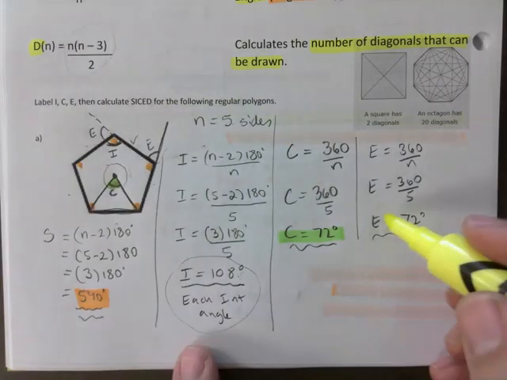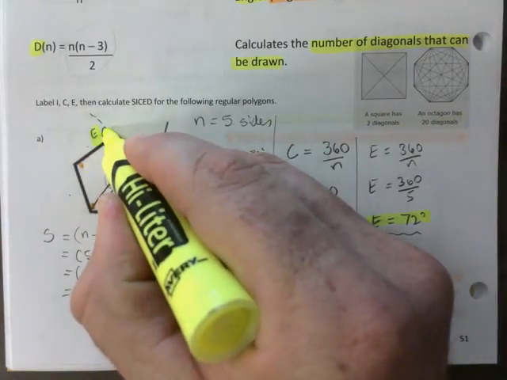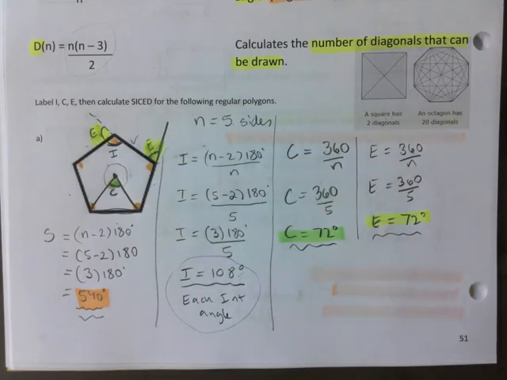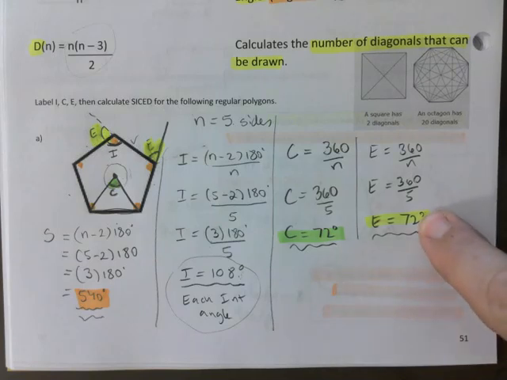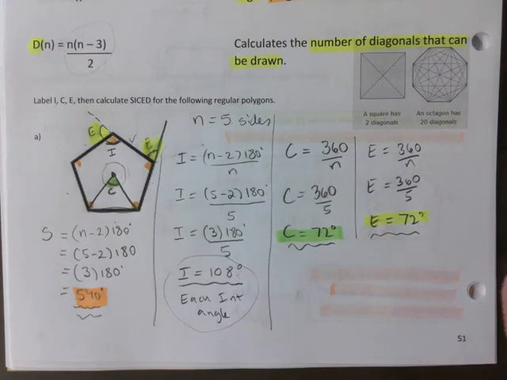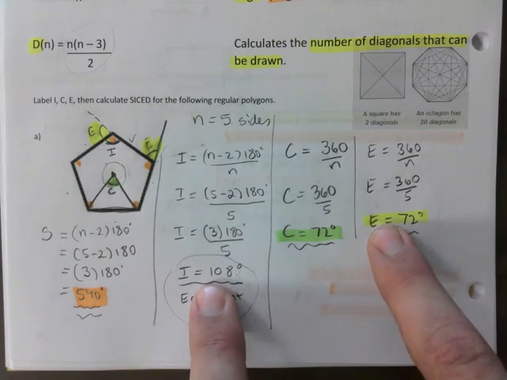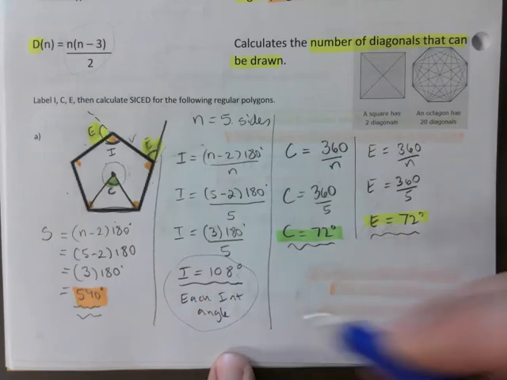I'm going to use this one here. What do all 5 of the exterior angles add up to? 360. Exterior angles always add up to 360. Which 2 add up to 180? Interior and exterior. See? Let's make that connection.